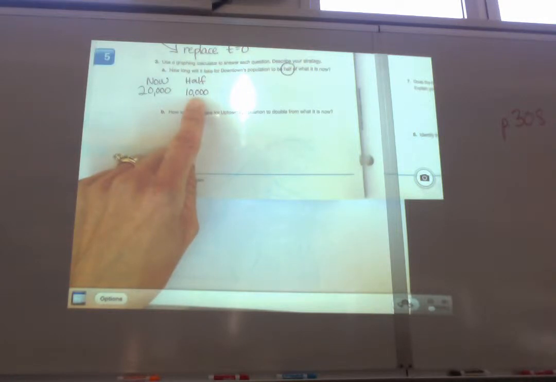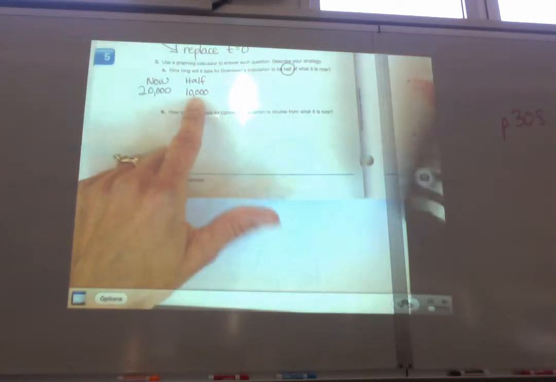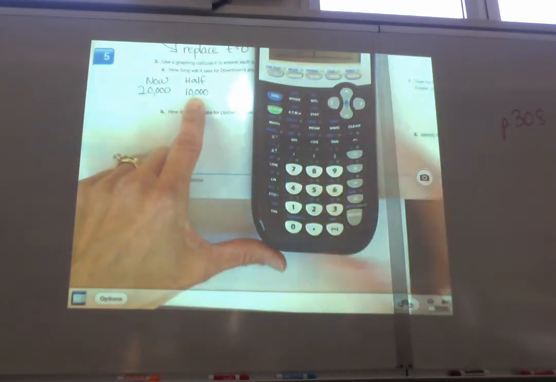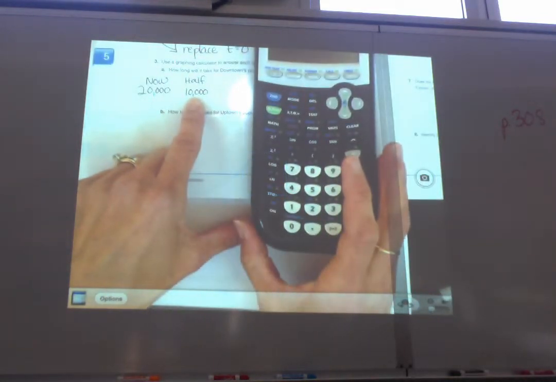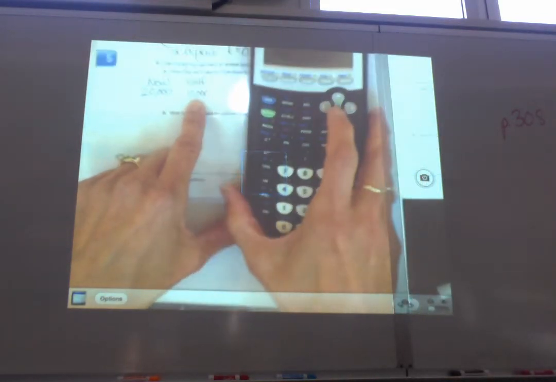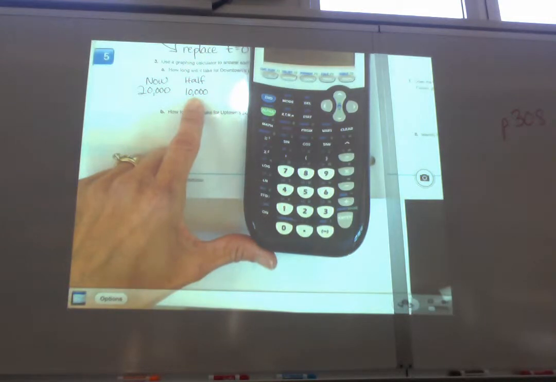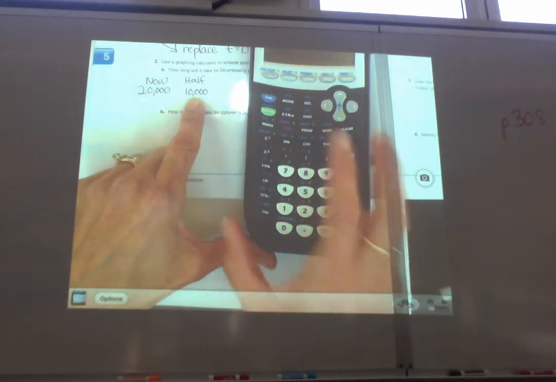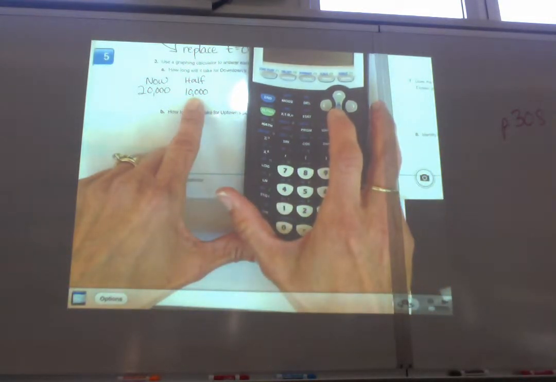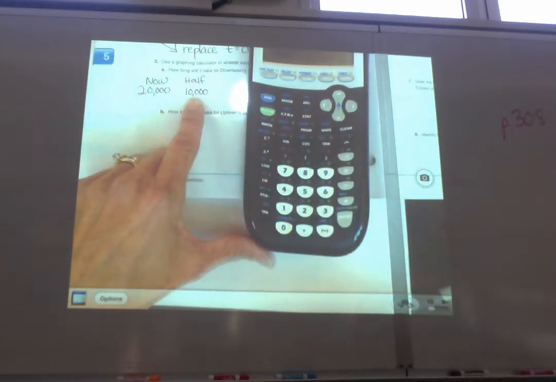Intersect. Intersect. All right, beautiful. So let's go to y equals. And I think we can leave both in. I bet you we'll have to figure out how to get the right curve when it asks us to guess. But let's go down to y3.